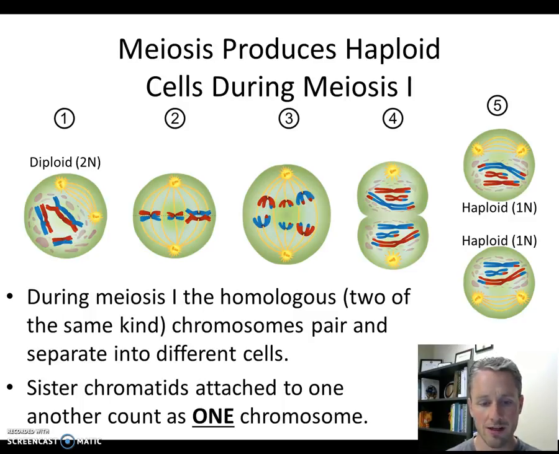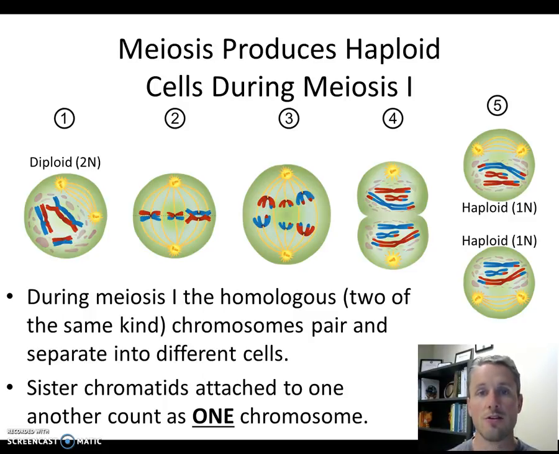So I'm going to add one point here, that when sister chromatids are attached to one another, they count as 1 chromosome. So again, that's why if you look in this cell that is made at the end of meiosis 1, we said that there's 1 large chromosome. That 1 large chromosome is composed of 2 sister chromatids, but we only count it as 1 chromosome.